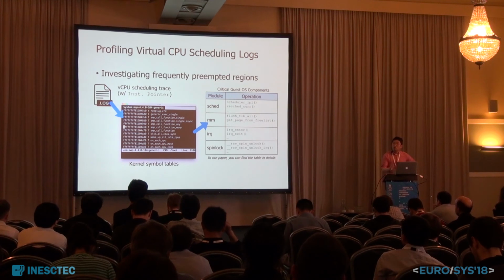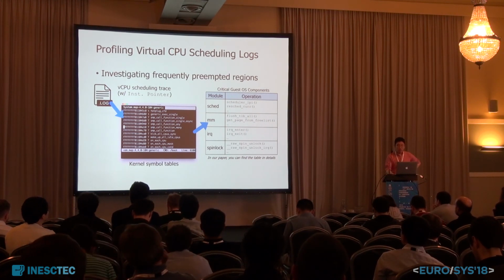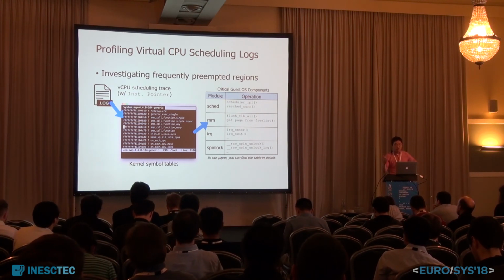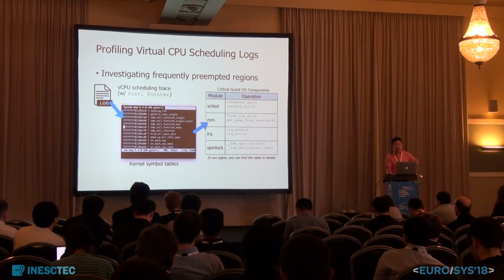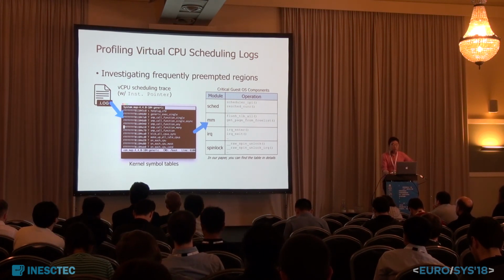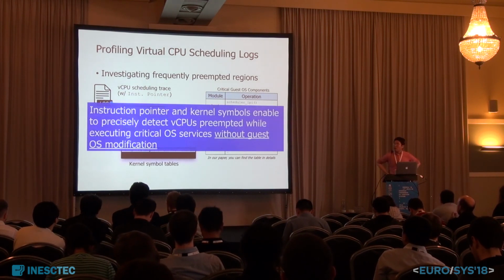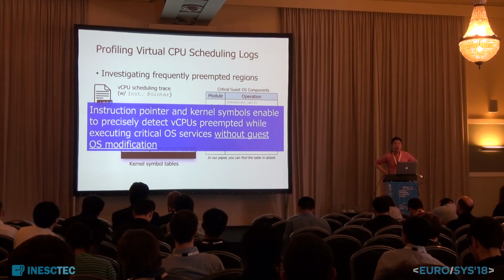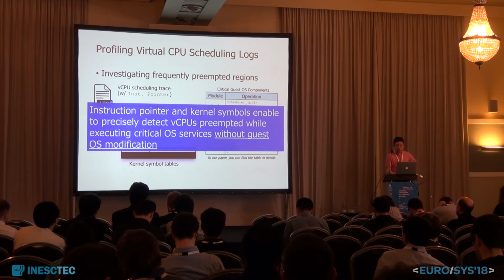Based on this profiling information, we summarized the critical guest OS components on the right-hand side, which are frequently preempted in the consolidated environments for the Linux operating system. You can also take a look at the detailed table in our paper. So leveraging the instruction pointer and kernel symbol tables makes it possible to precisely identify and detect the critical OS services without guest OS modification.